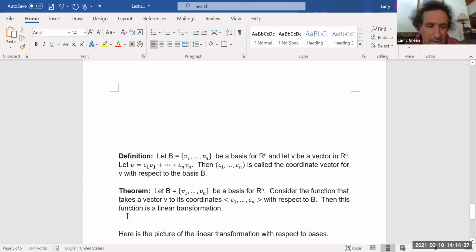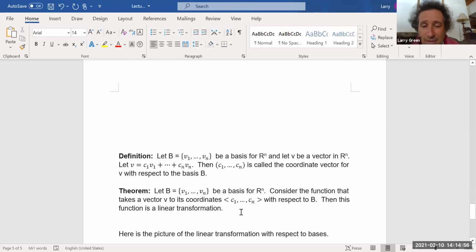Okay, so here's a theorem. Let's suppose we have a basis B, V1 through Vn, of Rn. And consider the function that takes a vector to its coordinates.